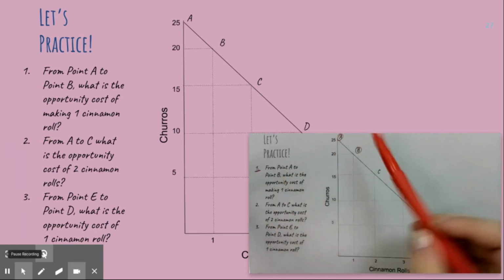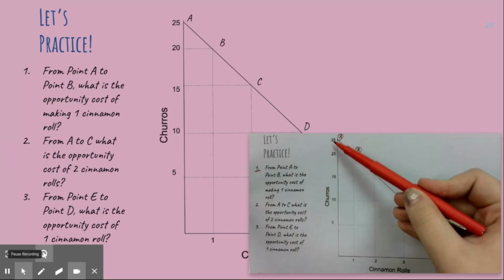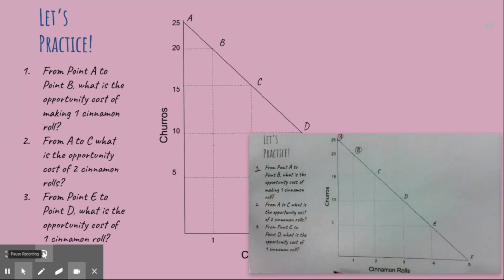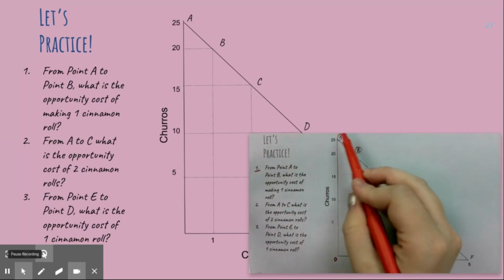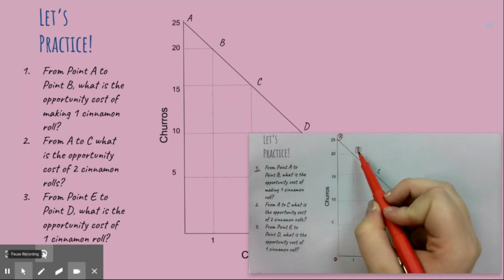A. At point A on this graph, I'm making 25 churros. Yum. And 0, Miss Keller, my goodness, why didn't you put a 0? 0 cinnamon rolls. So I don't have the resources to make any cinnamon rolls if I'm going to be making 25 churros. But I want to move to point B, where I am going to make some cinnamon rolls.